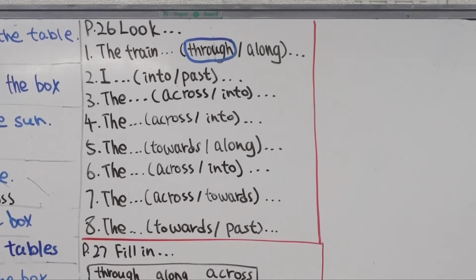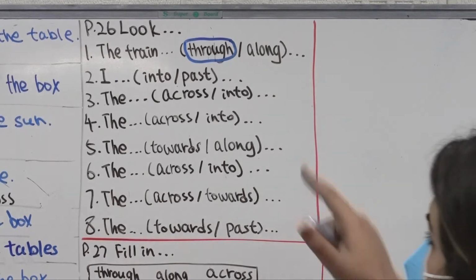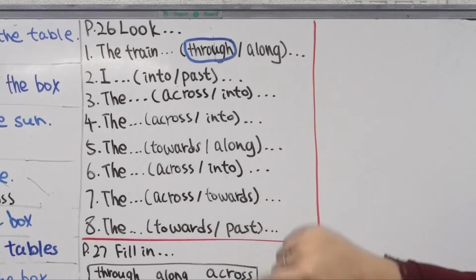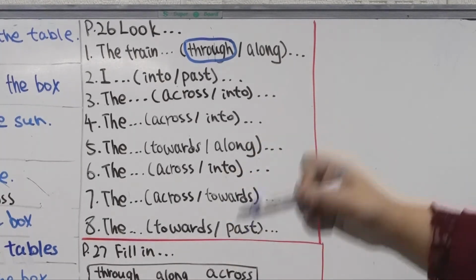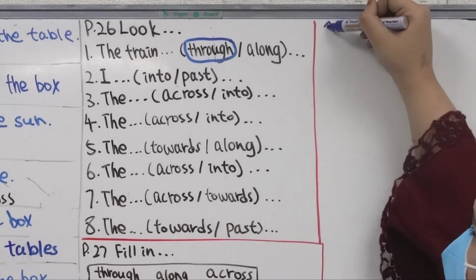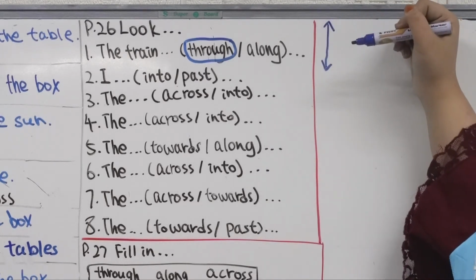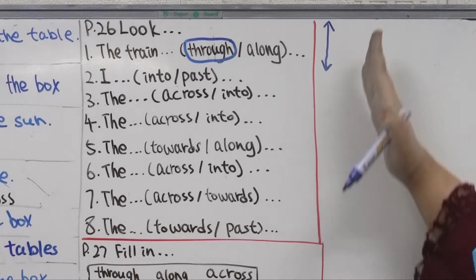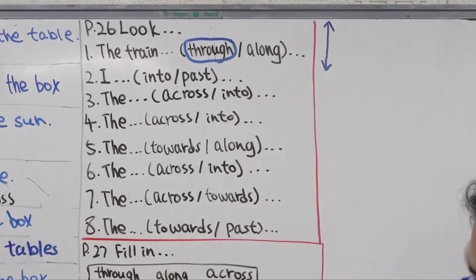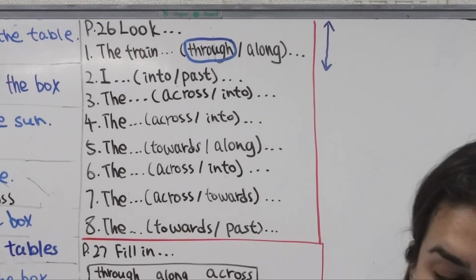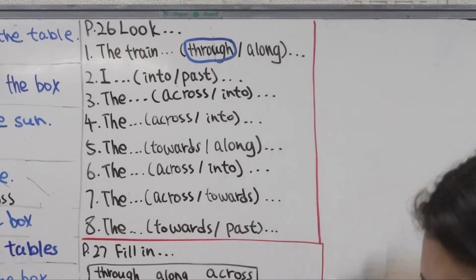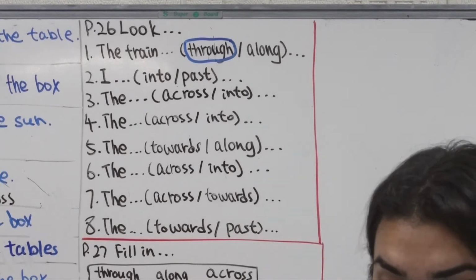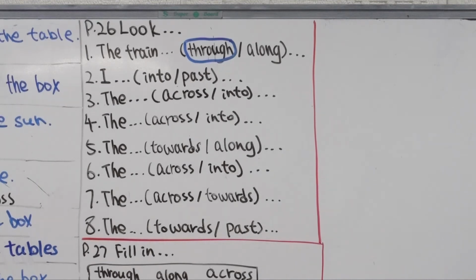You don't want the train to smash, right? As I told you, along has one end to another end, right? But the train has to go a long way. So basically, that's why we use through. The train went through the dark tunnel at a slow speed.